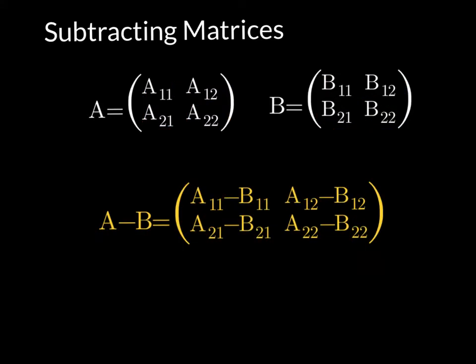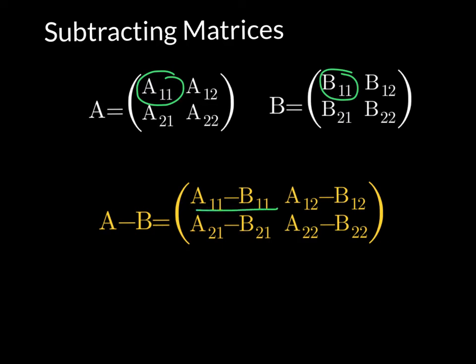The same rules apply if we want to subtract one matrix from another matrix. So for example here we want to subtract matrix B from matrix A. So we subtract the elements of matrix B from the corresponding elements in matrix A. So the element B11 is subtracted from the element A11.